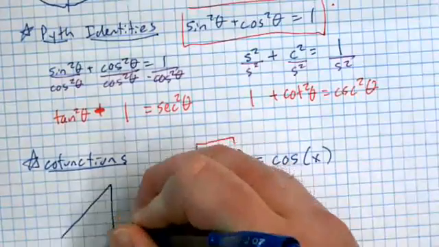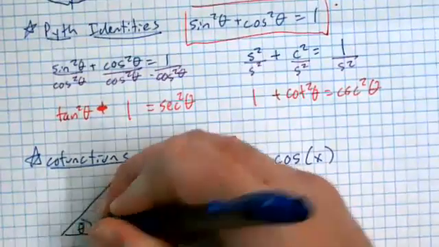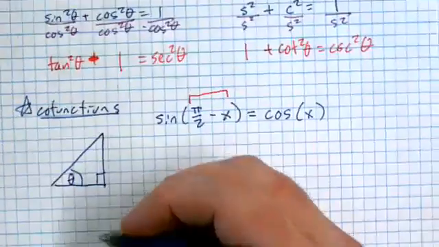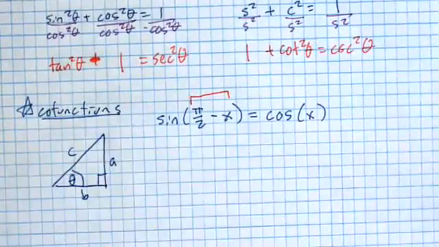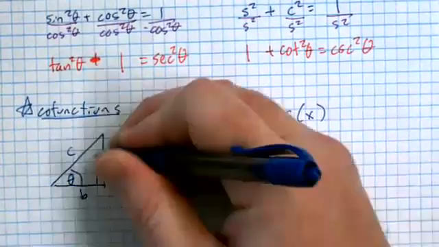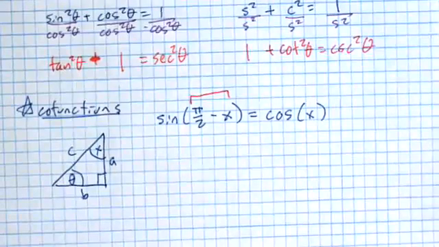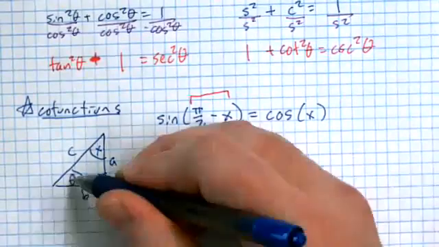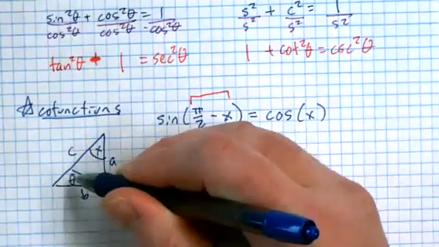Right triangle trig, right? Bear with me here a second. Here's theta. And let's say I've got A, B, and C. What's the difference between theta and x? How are they related? Can we agree that they add up to 90? Yeah. So theta is 90 minus x and x is 90 minus theta. Agreed? All right.